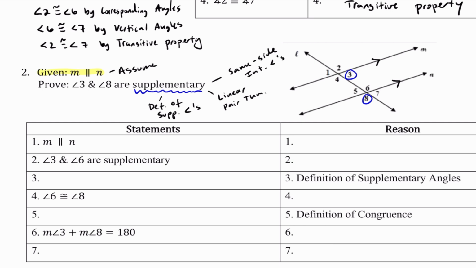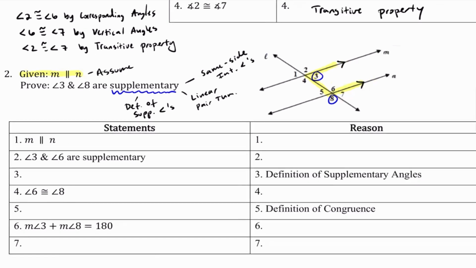So if I'm looking at the figure now, I can see that 3 and 6 are on the same side of the transversal, and they are inside of the parallel lines. So we say that these two angles are same side interior angles. So I'm going to make that note.